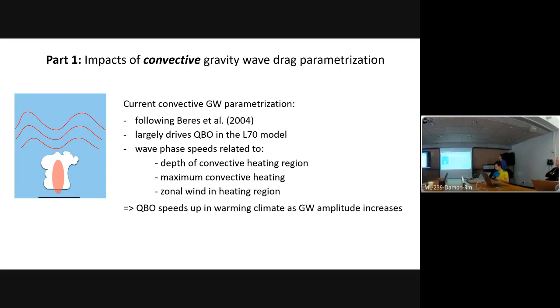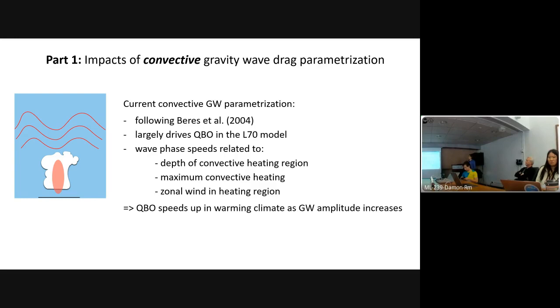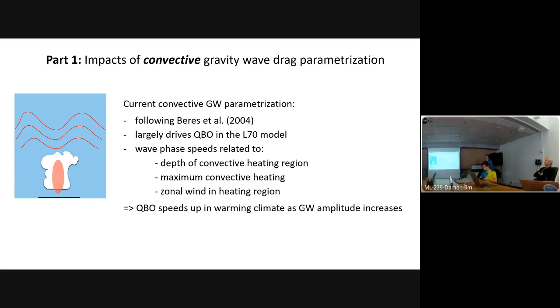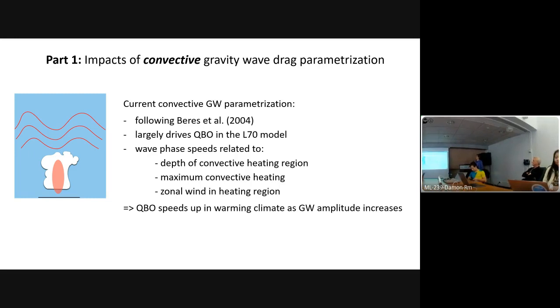In this parameterization, the wave phase speed is related to the depth of the convective heating region, the maximum convective heating, as well as the zonal winds in the heating region. As a side effect, the QBO speeds up in a warming climate: as surface temperature increases, there's more convection, and therefore the amplitude of the gravity waves increases.